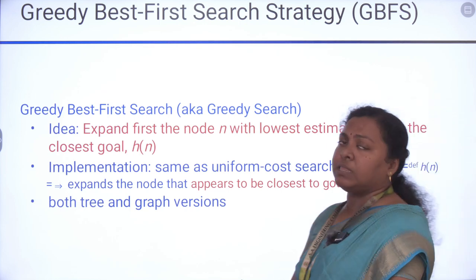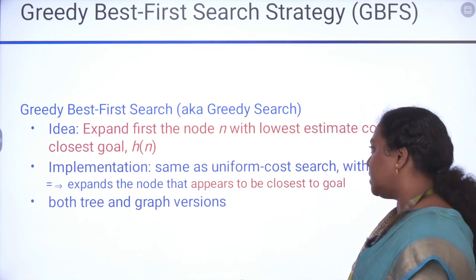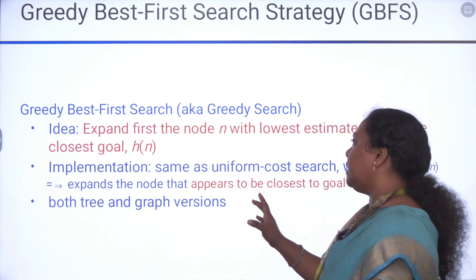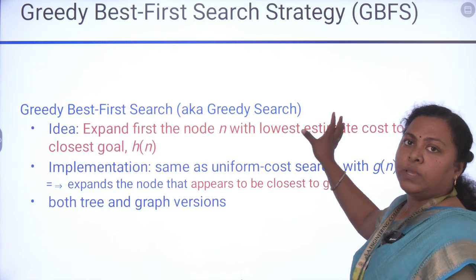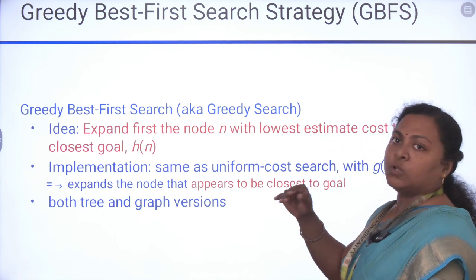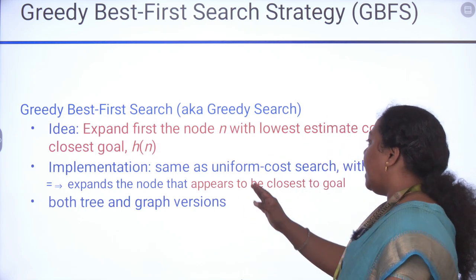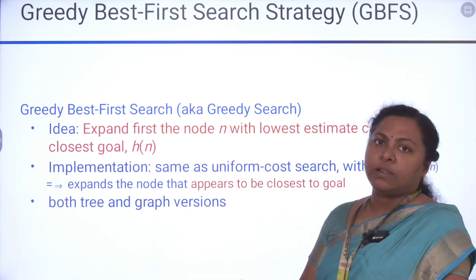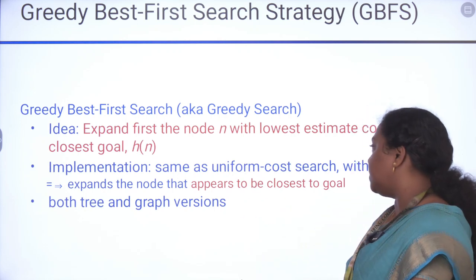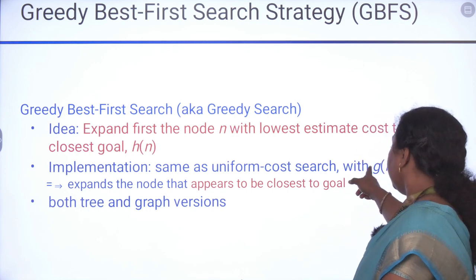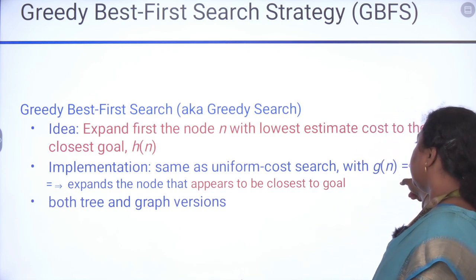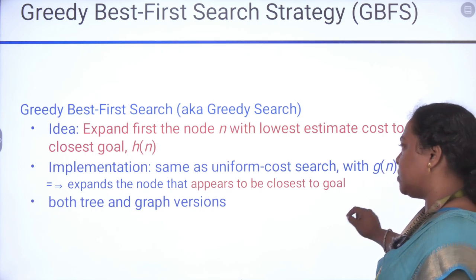Greedy search is greedy best first search, and the idea behind it is to expand the node which has the lowest estimate value, which is closest to the goal. This implementation is similar to uniform cost search, otherwise called the Dijkstra algorithm, and there the evaluation function f(n) is equal to the heuristic function h(n).